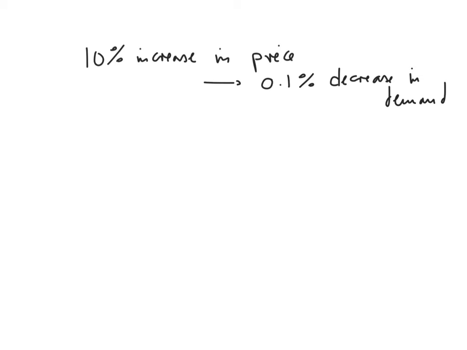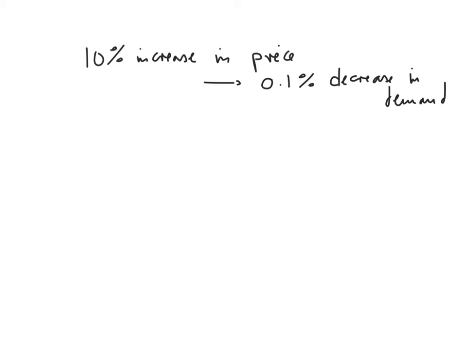If they're elastic, then just the opposite is true. But the important thing is, in this example, I hope you see how you can use this number to quantitatively express reactions in demand to changes in price.